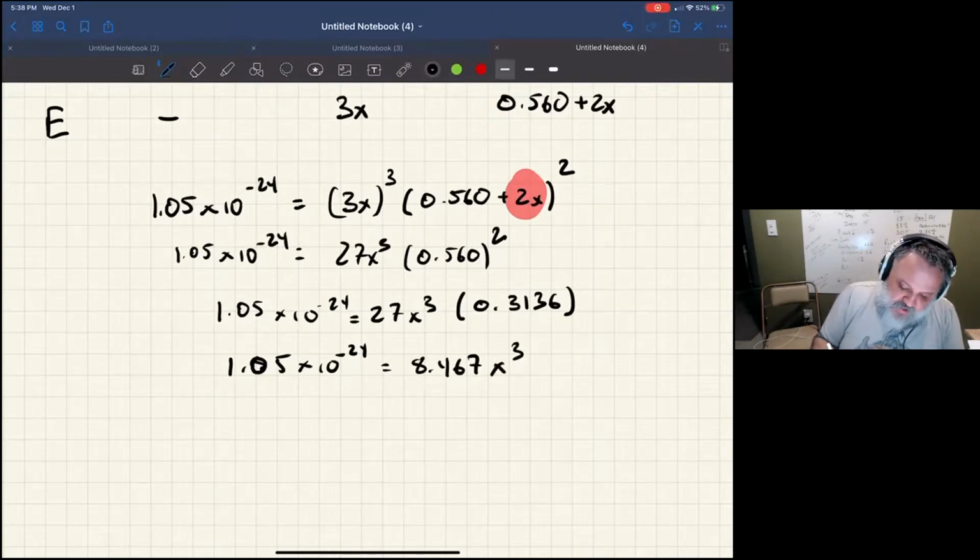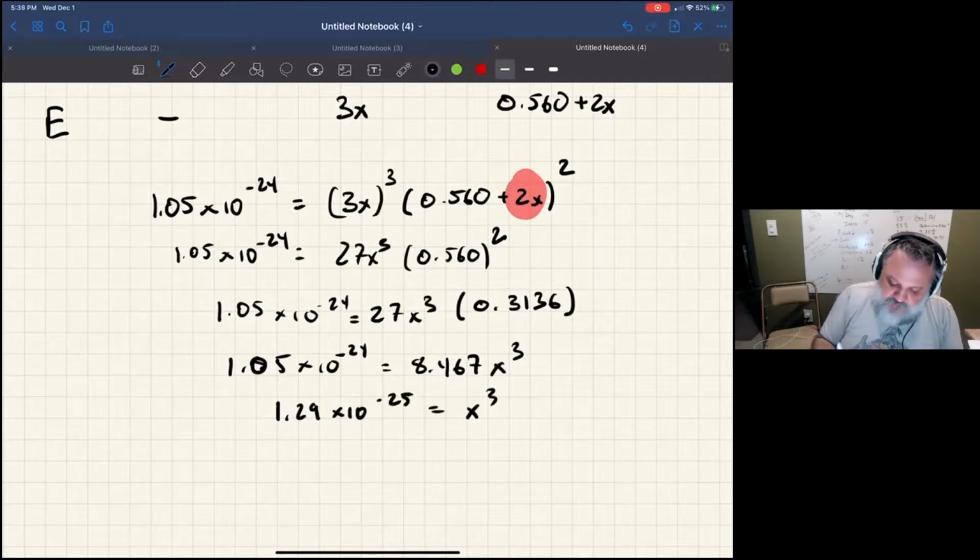Dividing both sides by 8.467, I get 1.29 times 10 to the negative 25th. That equals x cubed. So that means that x equals 4.99 times 10 to the negative 9.